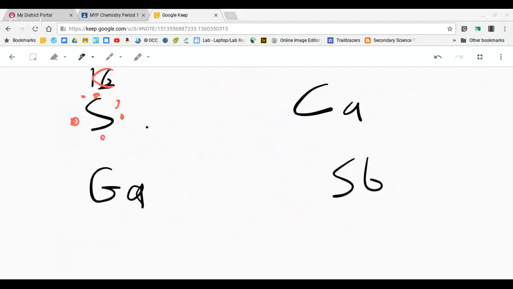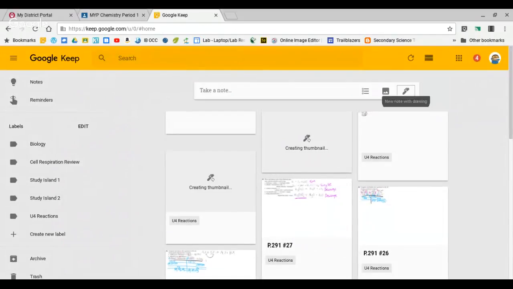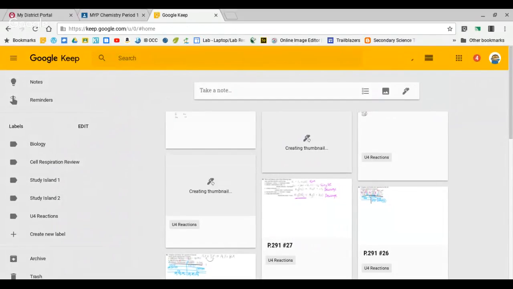Sharif, for number 11, we corrected that. It wasn't actually A, it was actually B. So once you see it's B, that should make sense. Google Keep is shutting down on me here, so I'm going to have to restart. Second time it's done it. I would blame Google, but Google is the reason why I can do this live stream to begin with, so I can't complain too much.